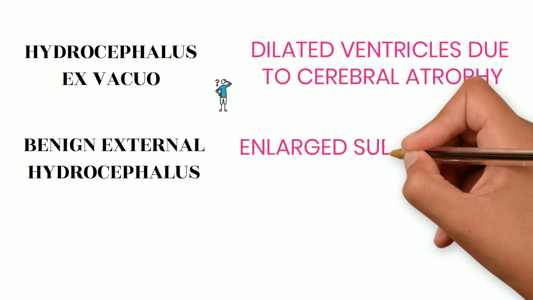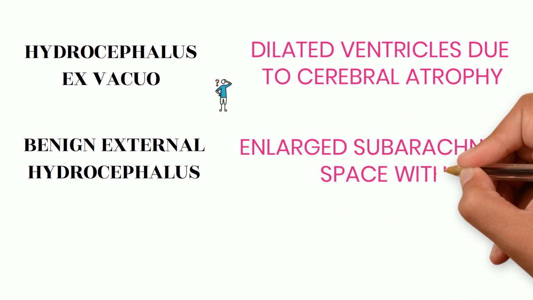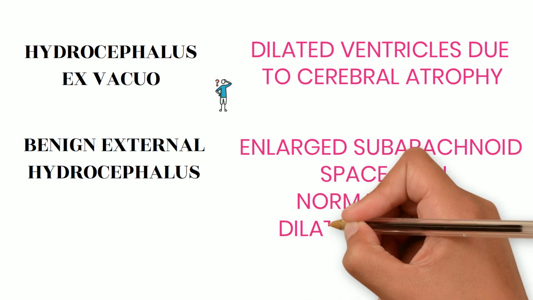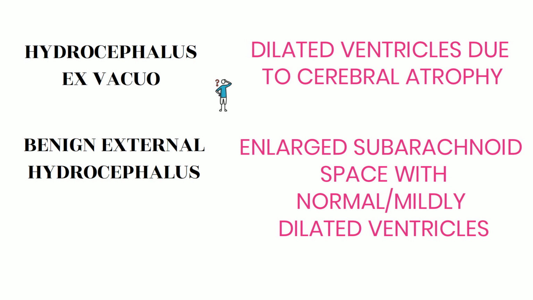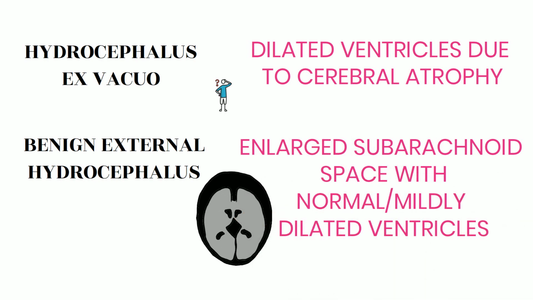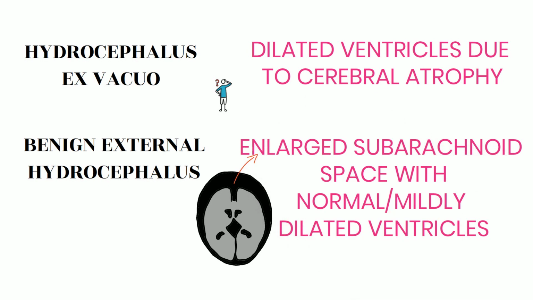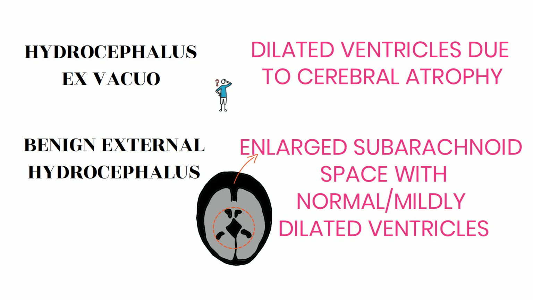Here there is enlargement of the subarachnoid space, mainly overlying the frontal lobes. But the size of the ventricles is normal or mildly dilated. As we can see, here there is enlarged subarachnoid space, mainly overlying the frontal lobe, and the size of the ventricles is normal.